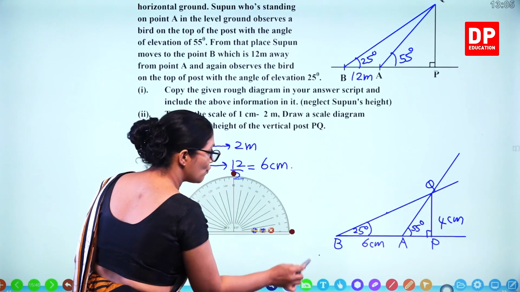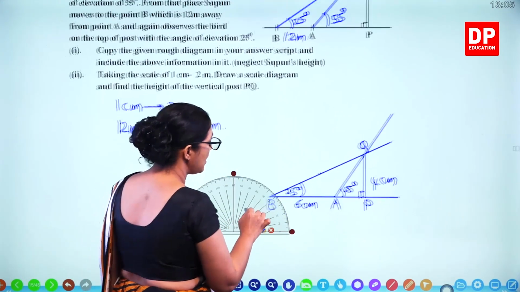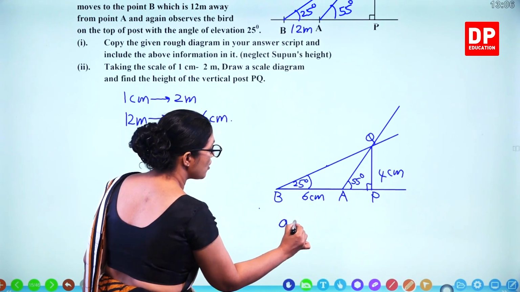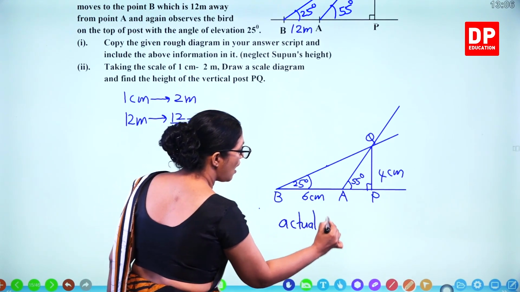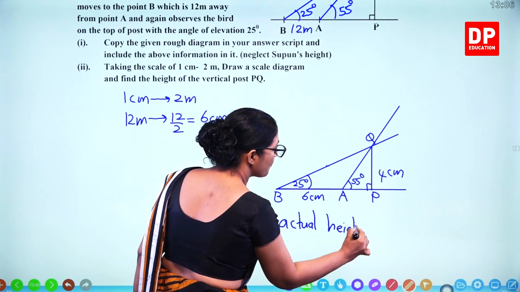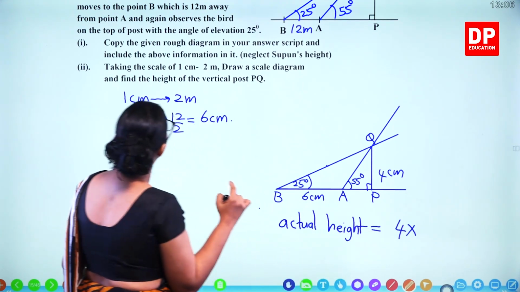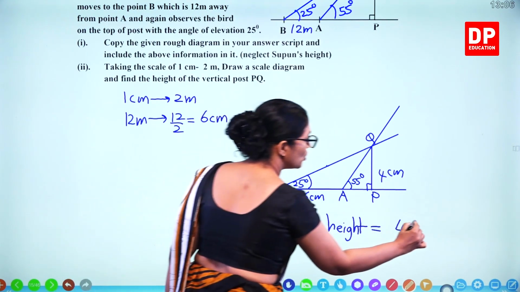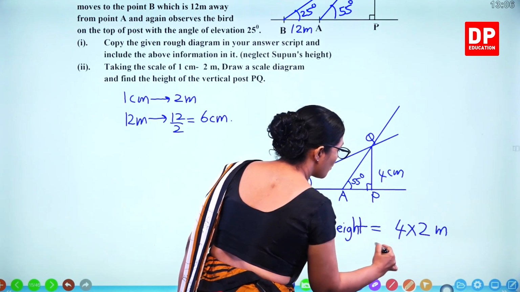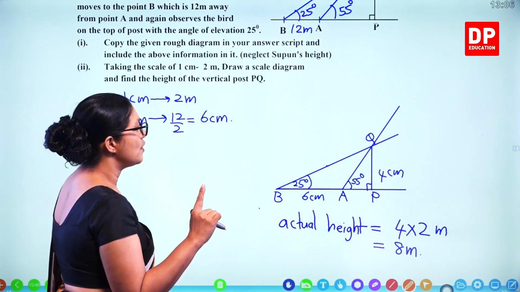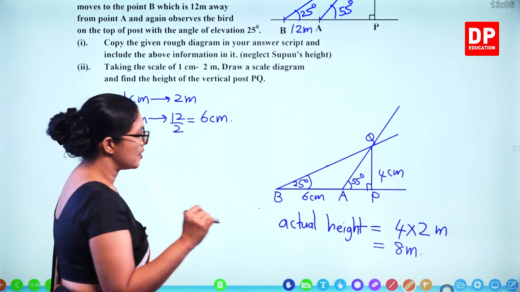Actual height we need to find. 4 centimeter height we observed from the scale diagram. So actual height is 4 into 2. That's in meters. So 8 meters is the actual height of the PQ post.